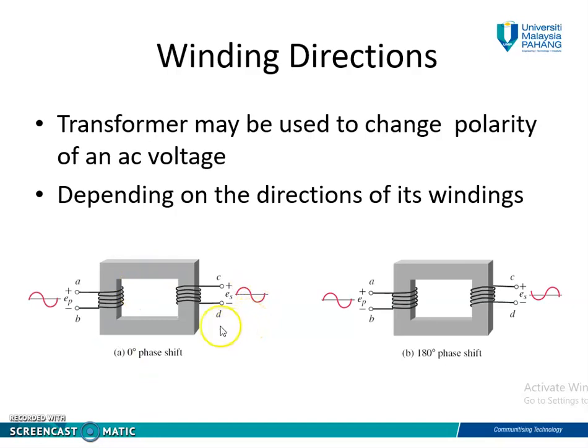You may see that the primary sides of both transformers are identical. The primary windings of both transformers are wrapped in the same direction around the core. But in the second figure, you may notice that the secondary winding is wound around the core in the opposite direction from the secondary winding in the first figure.